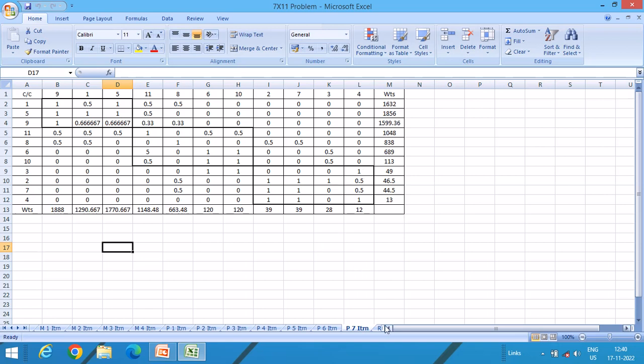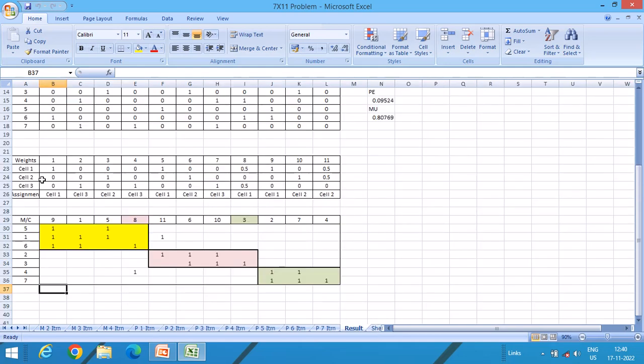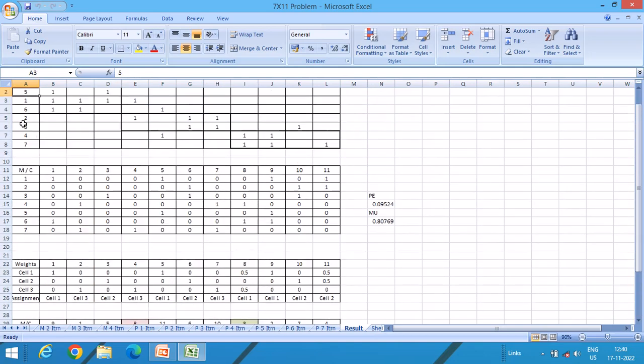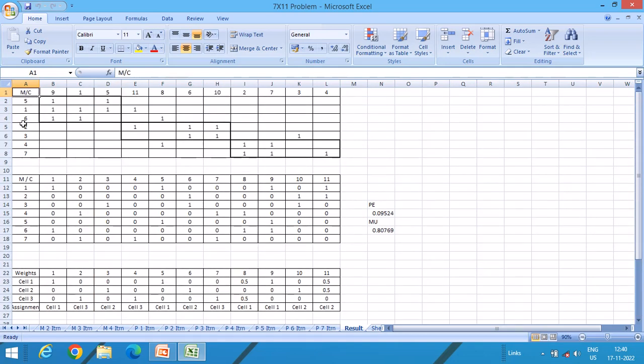So in the fourth iteration, I am getting these block diagonals. So I am taking this pre-block diagonal form for calculating the weights in the weight based method. So the number of parts is more than the number of machines.